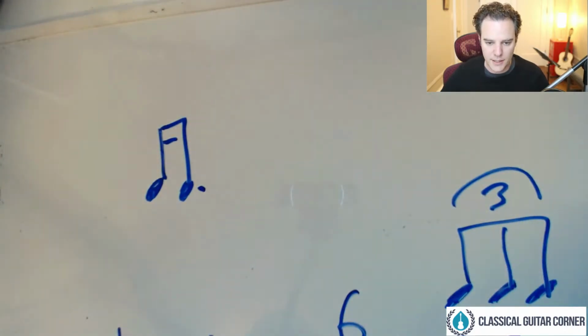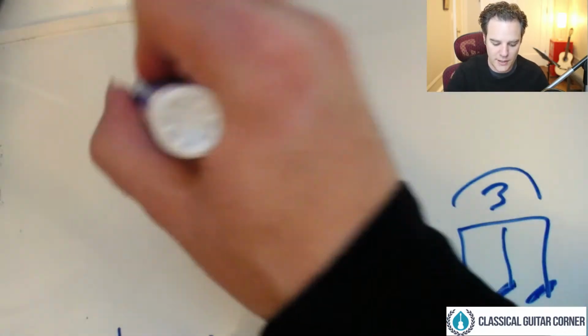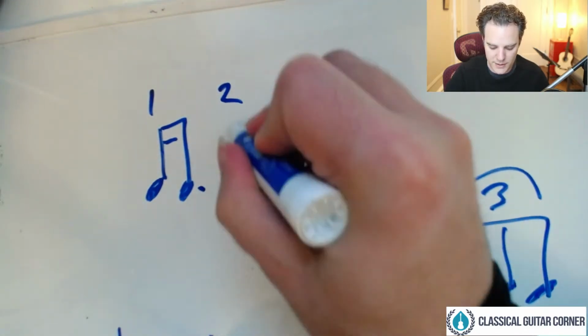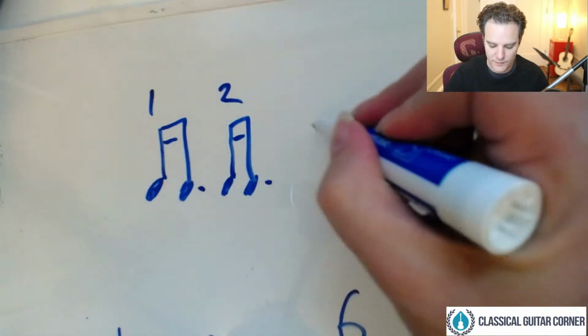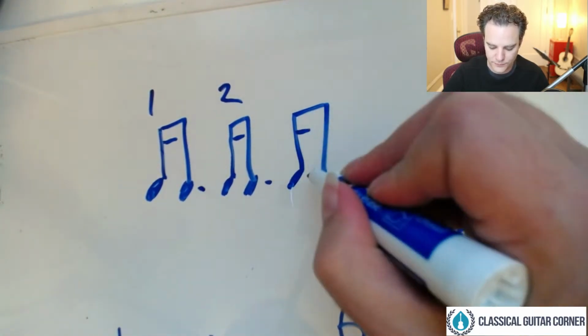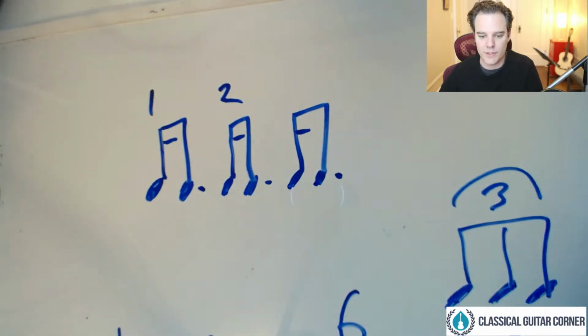Da-da, da-da. And so the tricky thing, I will tell you from experience, is that people start to gravitate. They move the beat, basically. This is a far less frequent rhythm.